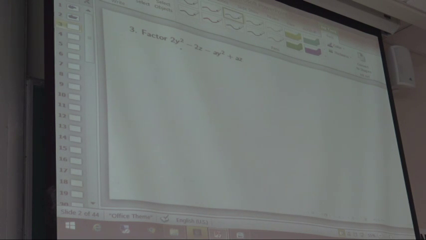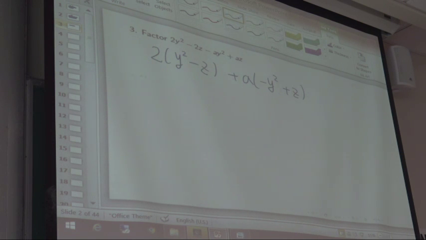And we're going to factor. So find the factor. We have a 2, and there are a and a. So factor out 2 for the first 2 terms, and factor out a for the second term. Then this is y squared minus z, but this is negative y squared plus z.